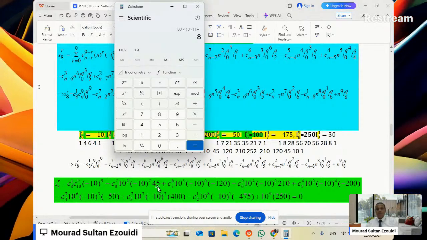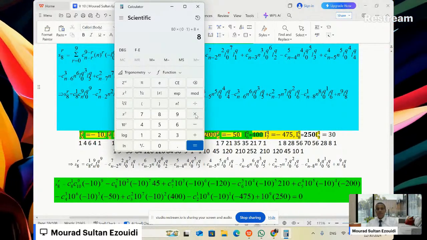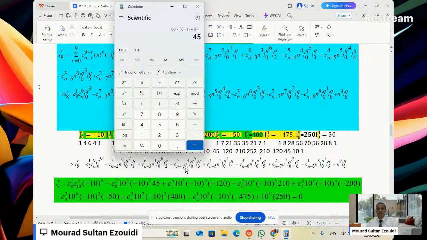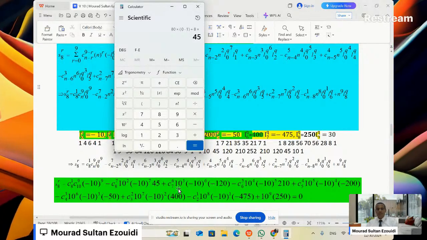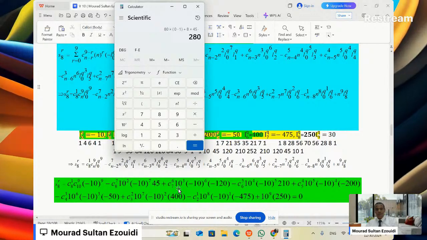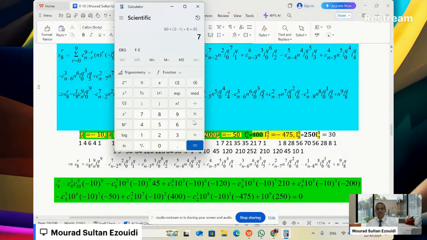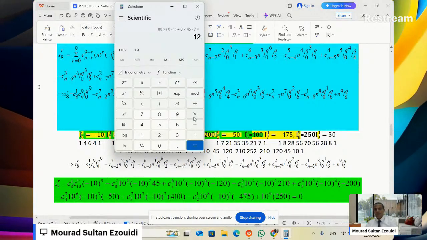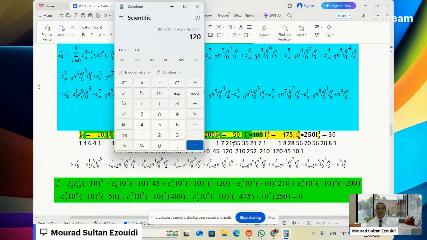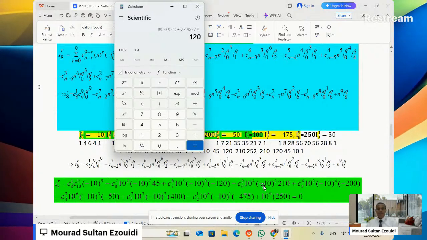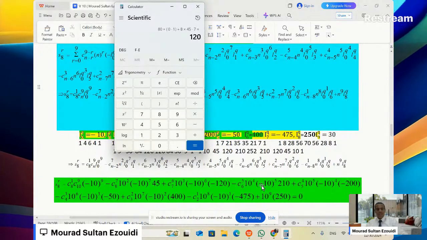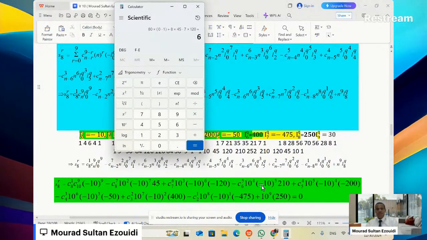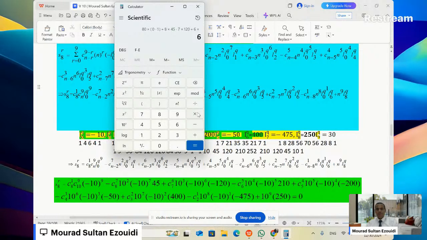plus 8 multiplied by 45. Then minus 7 multiplied by 120. Then minus by minus is plus, plus 6 multiplied by 210.